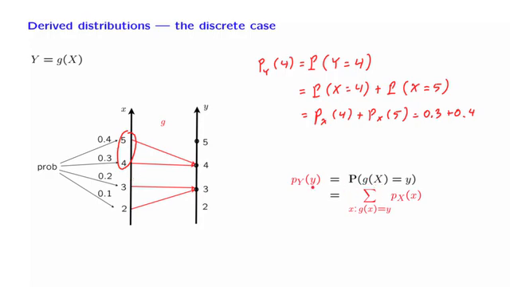So the probability that a random variable capital Y, which is the same as g of X, takes on a specific value is the sum of the probabilities of all possible values of little x, where we only consider those values of little x that give rise to the specific value little y that we're interested in.